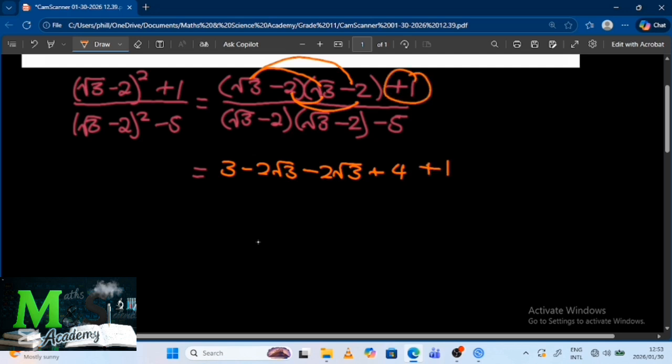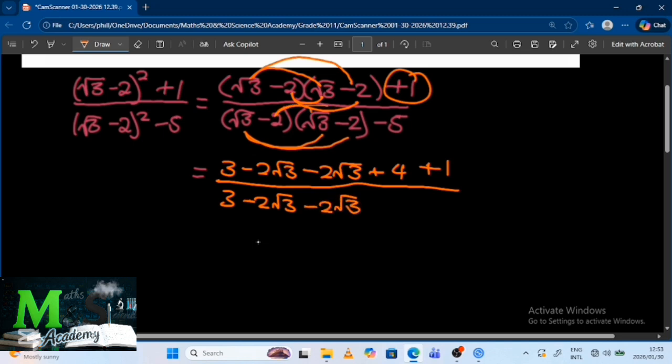All over, multiplying again using the FOIL method, the root of 3 and the root of 3 gives us 3, the root of 3 with negative 2 gives negative 2 root of 3, negative 2 with the root of 3 gives negative 2 root of 3, and negative 2 and negative 2 gives positive 4, and we also have a negative 5 there.